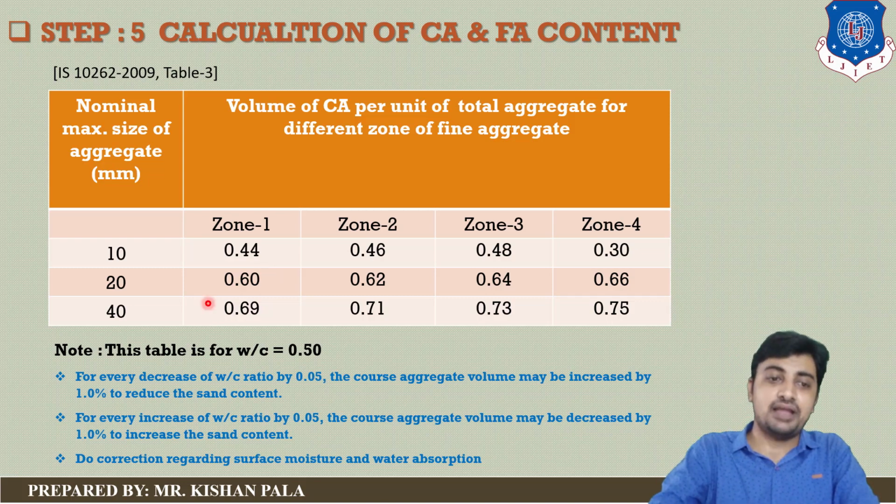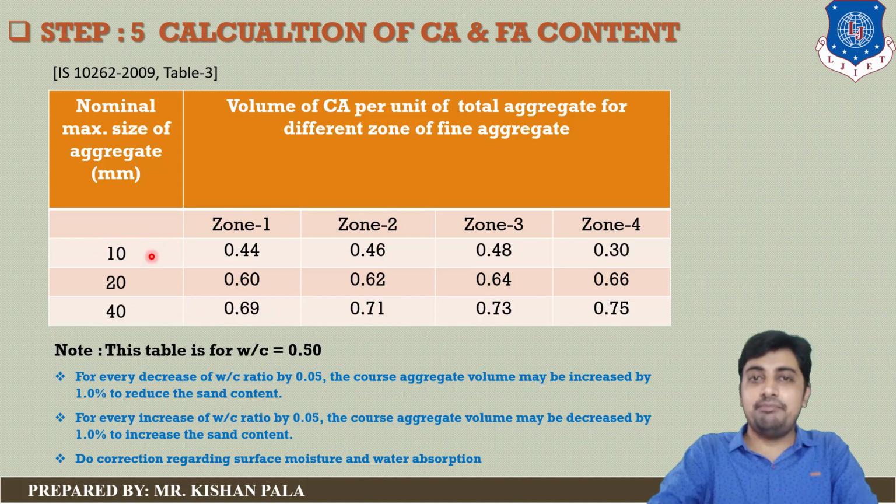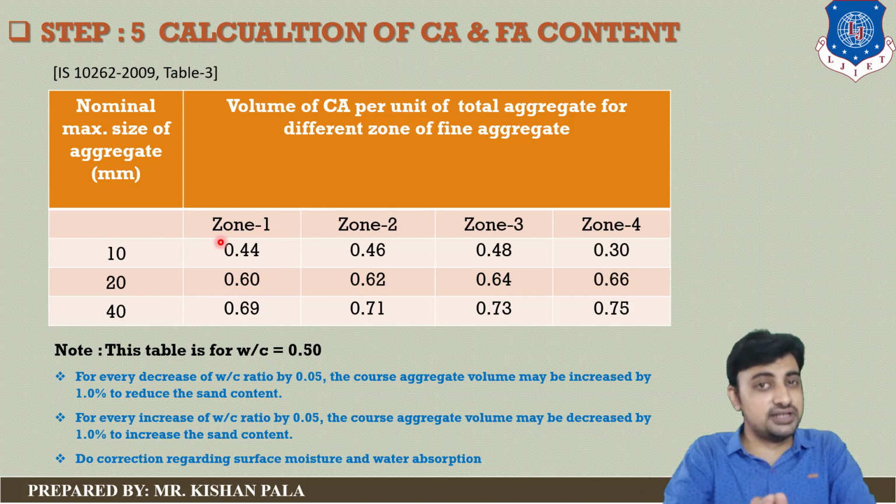For example, if I am using 10 nominal size of the aggregate, you have to use 44 percentage for the coarse aggregate and the remaining volume for the fine aggregate. So with this table, you can easily finalize the volume of coarse aggregates and fine aggregates.